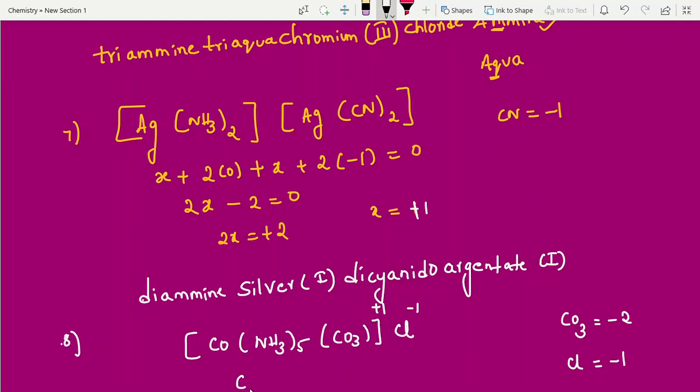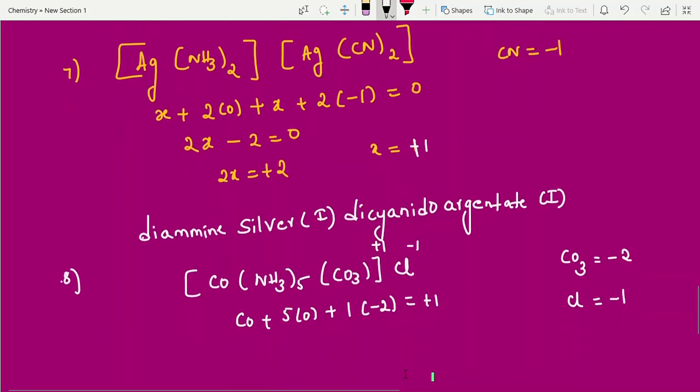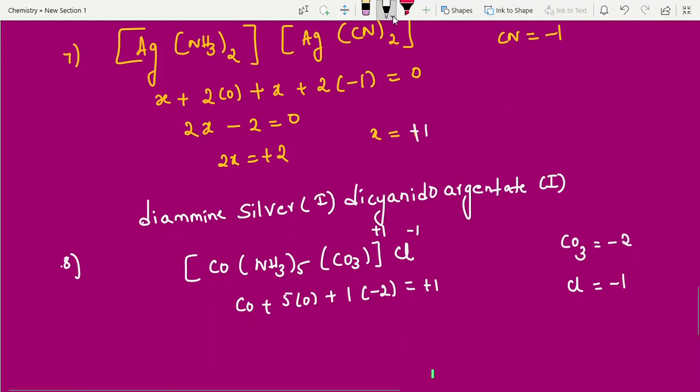Cobalt into 0 plus 1 into -2 equal to +1. Then what is the cobalt oxidation state here? Cobalt equal to +3 oxidation state.